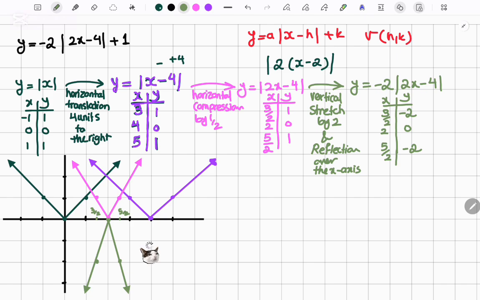And then the last step. So let me choose a good color. Okay, the last step is going to be y is equal to addition and subtraction if we go by the order of operation. Am I right? So it's going to be this, and then I'm going to have the chart x and y. I'm going to copy the x's from the previous chart because the changes are for the y's and not for the x's.